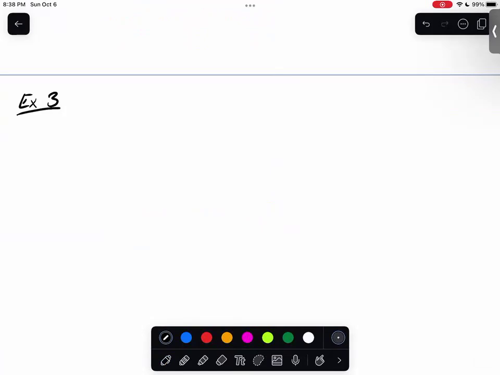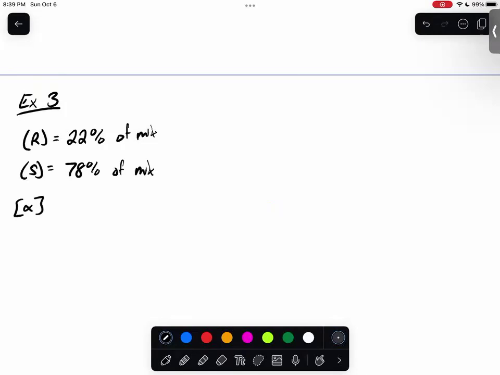We are told this time that in a mixture, we see that there is 22% of the R enantiomer, right? It's 22% of the mixture. The S enantiomer is 78% of the mixture. Okay? And then we're told that whenever we went and measured that mixture's optical activity, we found the observed rotation of the mixture is negative 34 degrees.